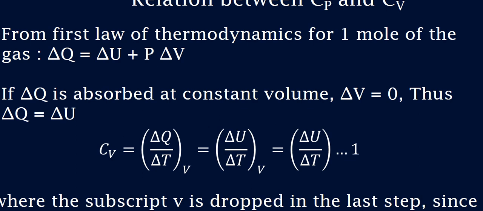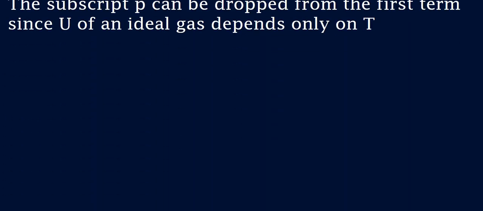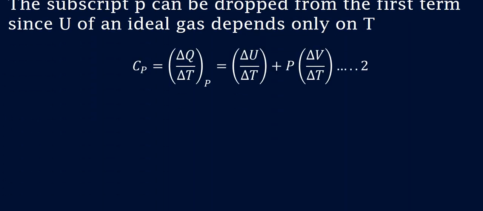If, on the other hand, delta Q is absorbed at constant pressure, then Cp is equal to delta Q upon delta T at constant pressure, which is equal to delta U upon delta T at constant pressure plus P into delta V upon delta T. The subscript P can be dropped from the first term since U of an ideal gas depends only on temperature.